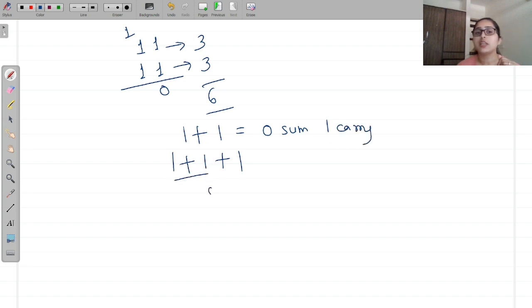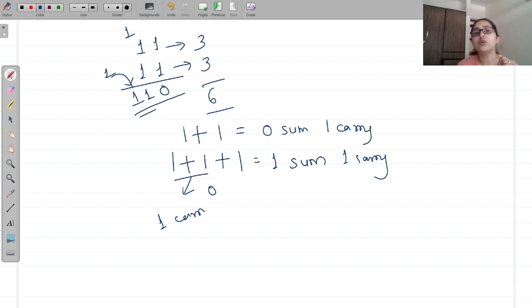Now you have got sum 0, 0 plus 1, 1 will be sum. And already 1 carry is generated. So 1 sum, 1 carry, that carry is taken here. And you know 110 is nothing but 6. Okay, so this is the binary addition.